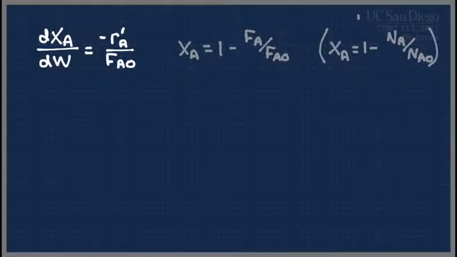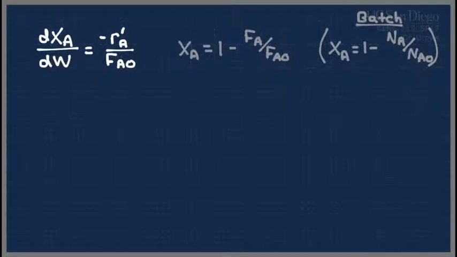So I'll put batch stuff over here. We went from our original material balance, which was dF dW is equal to RA prime, to this by using the definition of conversion. If you have a multi-reaction system, like more than one reaction, generally you don't write this differential equation.